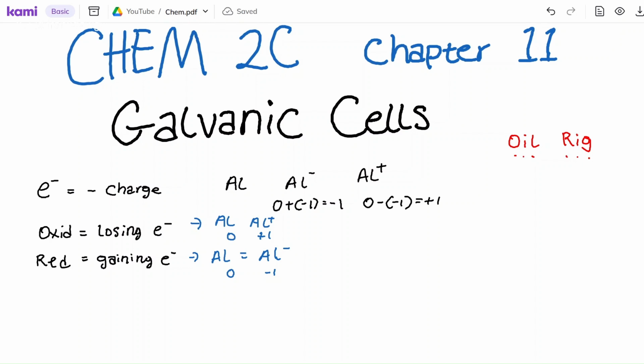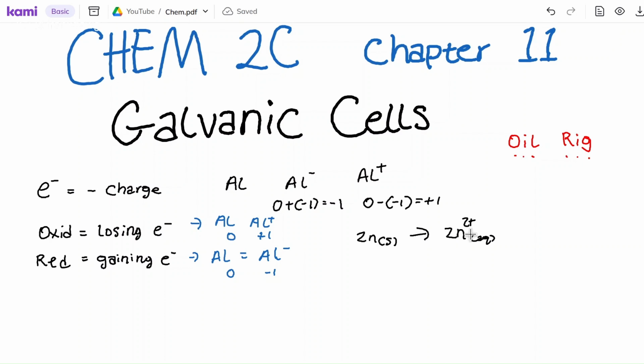So anyways, a half reaction, so an oxidation half reaction, I'm going to use zinc now, which is just the standard for galvanic cells. You're probably going to see it a lot: zinc on its own, the neutral form of zinc, becomes zinc 2 plus, and it becomes aqueous now, because this is a metal, right?